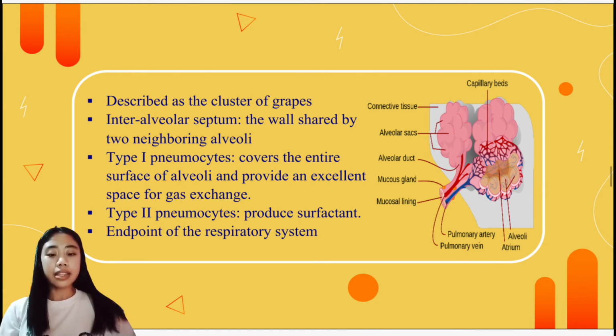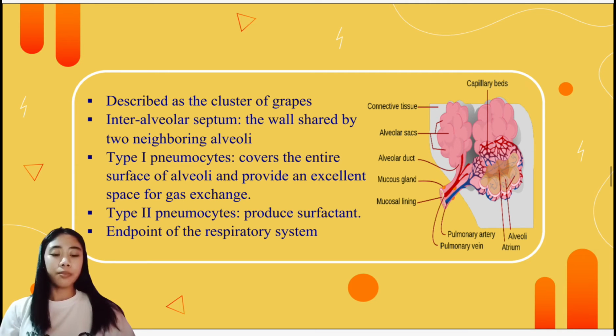Alveoli are classically described as a cluster of grapes, with each alveolus being a separate entity from the one surrounding it. Their shape is polygonal with flat sides rather than spherical, and each alveolus shares a common wall with its neighbors.